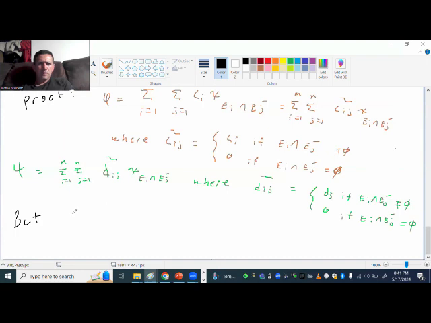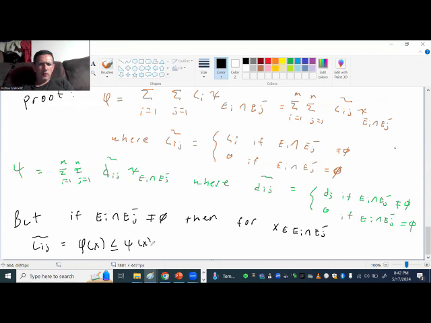So this is not empty. For x in E_i intersect E_j prime, what do we have? c_ij tilde is this here, and we're assuming this is less than or equal to psi of x.